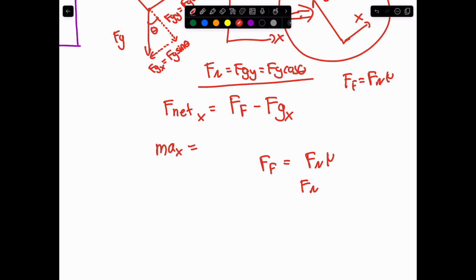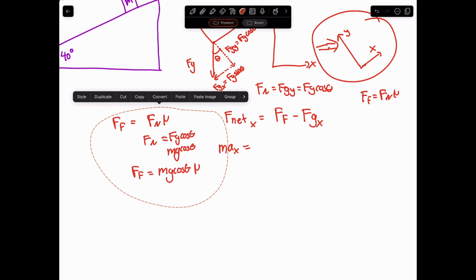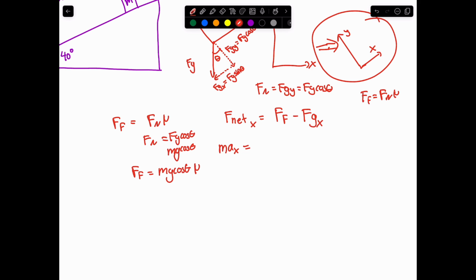Fn from this step is equal to Fg cosine theta, which is equal to mg cosine theta. So then we could say Ff is equal to mg cosine theta mu. Hopefully you followed all that, and we can replace Ff with mg cosine theta mu.